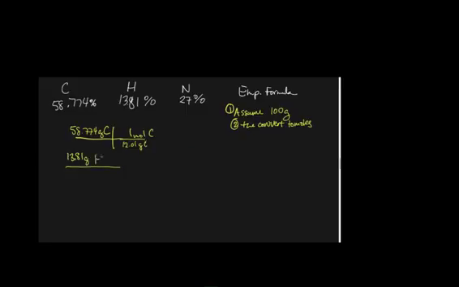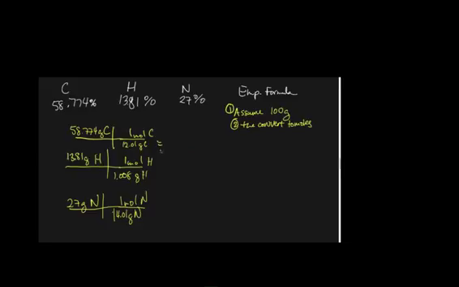And here we've got hydrogen is 1.008, I believe, grams of hydrogen in 1 mole of hydrogen. And then 27 grams. Nitrogen is, I believe, 14.01 grams of nitrogen in 1 mole of nitrogen.